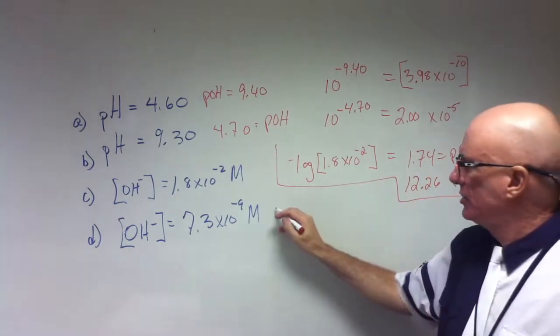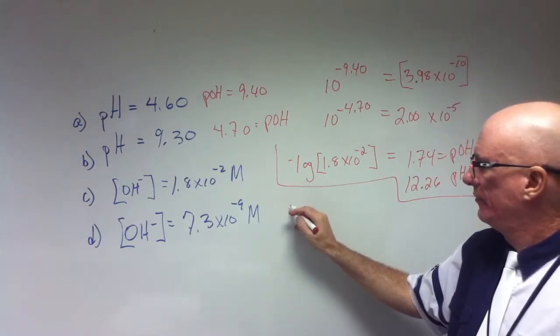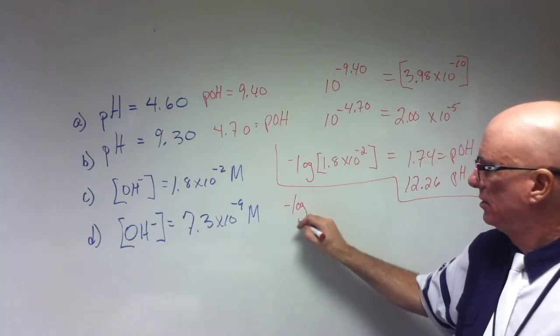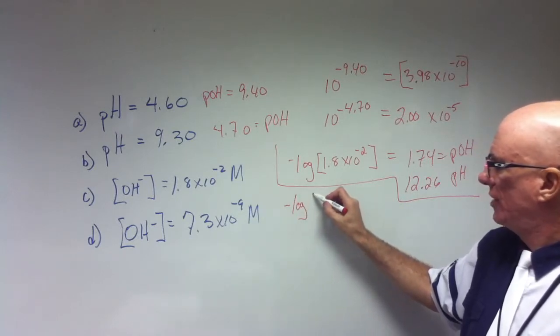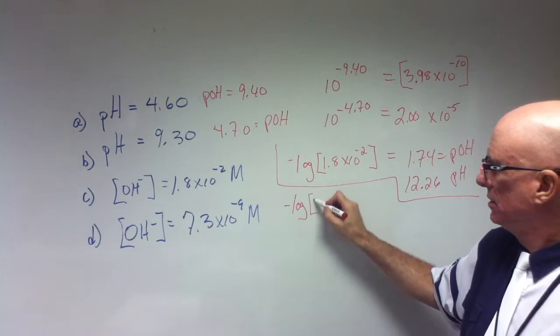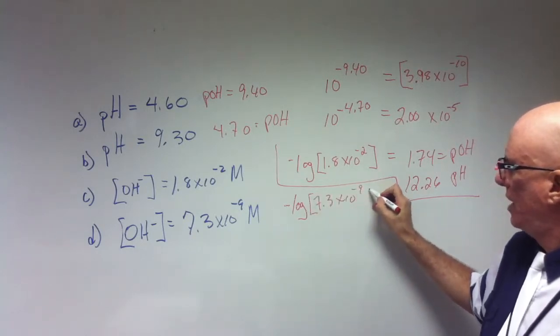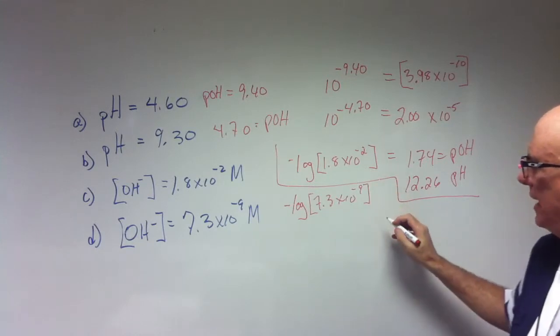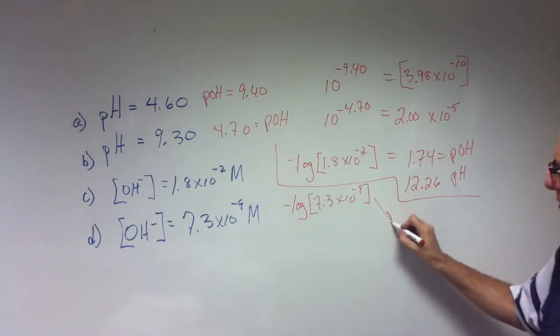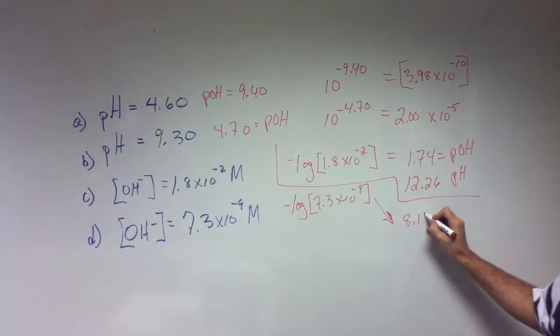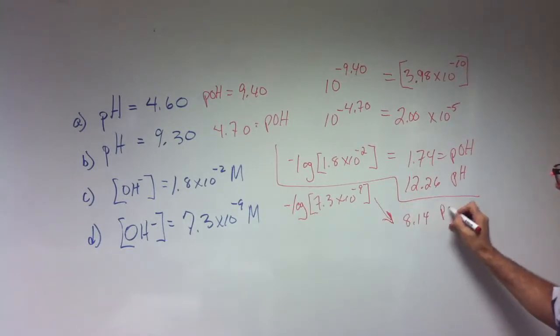And then this one is going to be the negative log of the brackets of 7.3 times 10 to the negative 9, right? And that's going to be equal to 8.14, and that's going to be the pOH.